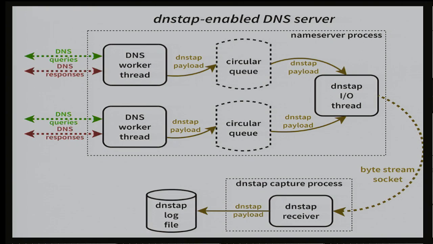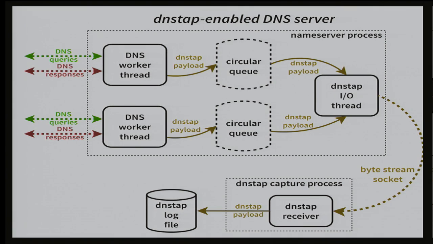Here's the architectural overview of a dnstap enabled DNS server. You have this top block with the dotted lines around it. That's the DNS name server process actually running on your hardware, and it's got these red and green arrows.